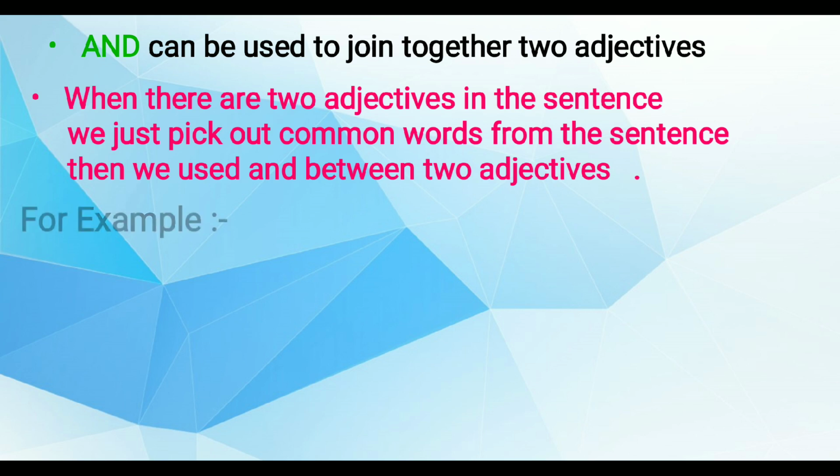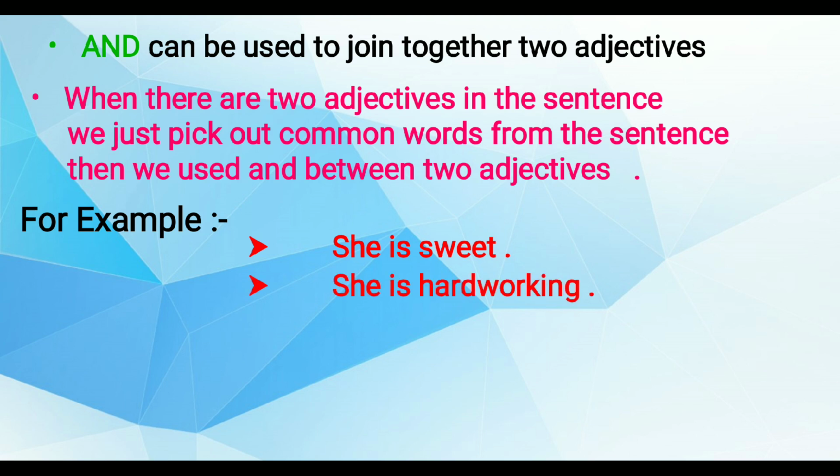Let's see the example and understand it. She is sweet. What is the adjective in the sentence? Sweet. Next sentence is she is hardworking. Here what is the adjective? Hardworking. So in these two sentences, sweet and hardworking are the adjectives. If we want to join these two sentences, what will we do?